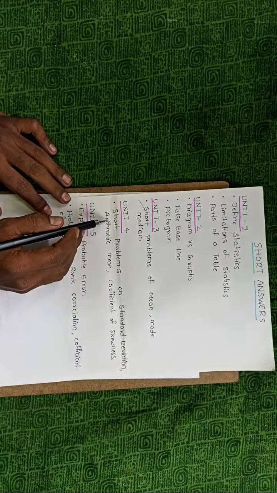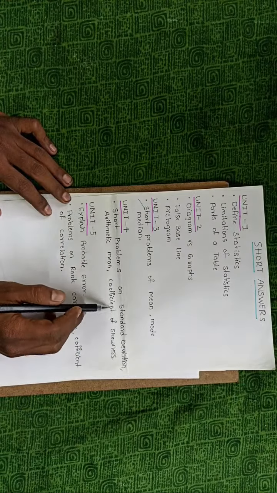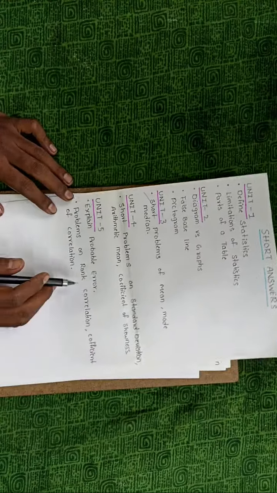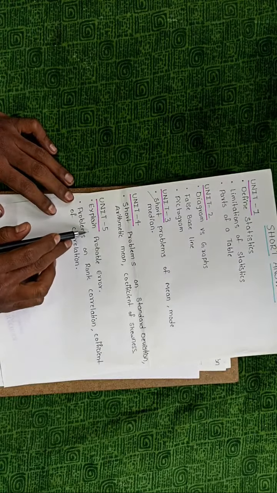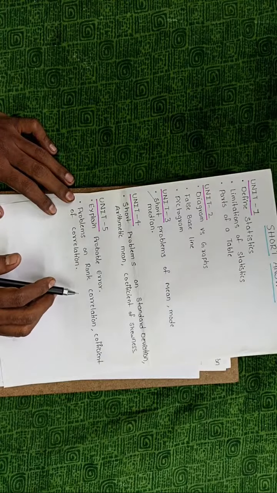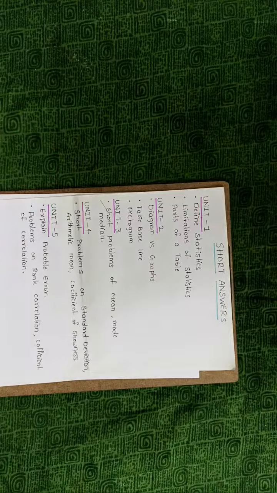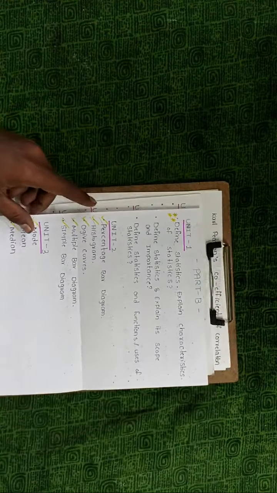In 4th unit, short problems on standard deviation, arithmetic mean and coefficient of skewness. In 5th unit, there is a short question which is most repeated, explain probable error, and problems on rank correlation and coefficient of correlation.